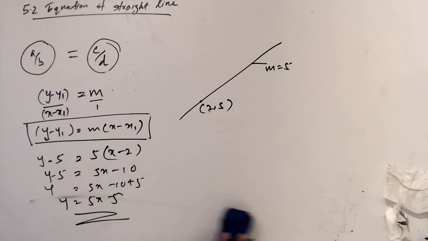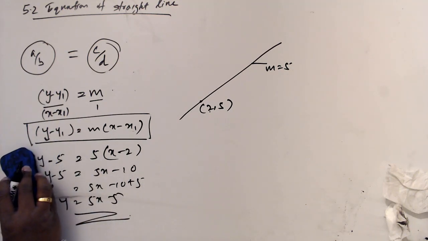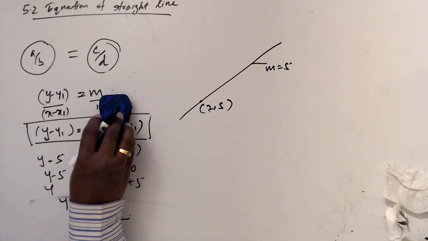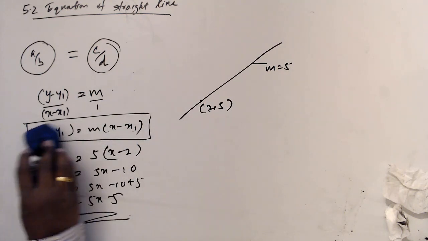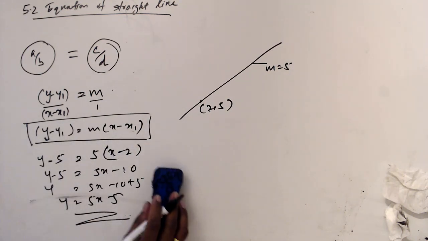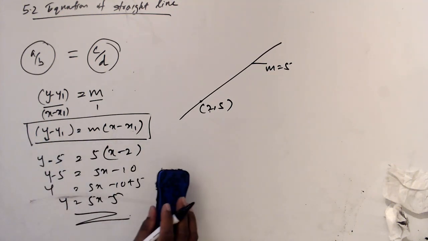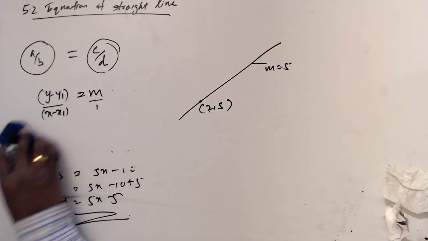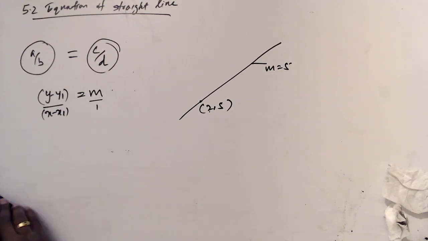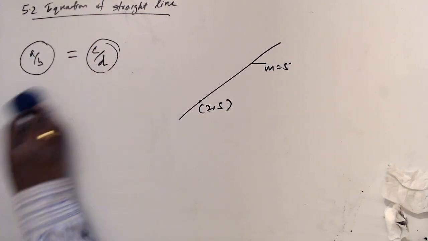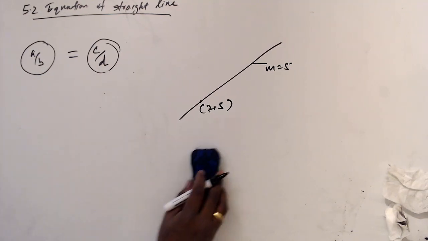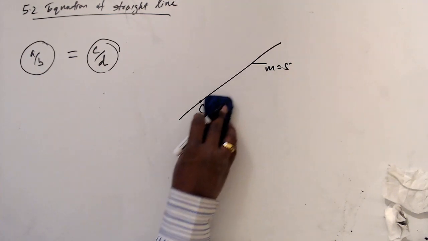But I usually work with this method. I don't keep this as a formula in my mind. So what I always use is that the gradient has to be equal if you take any point.